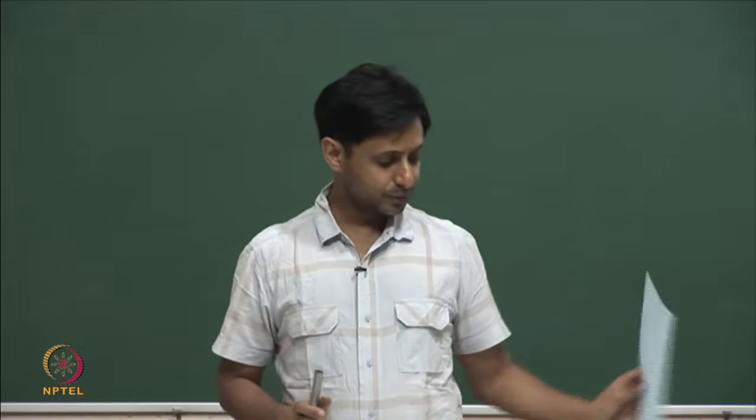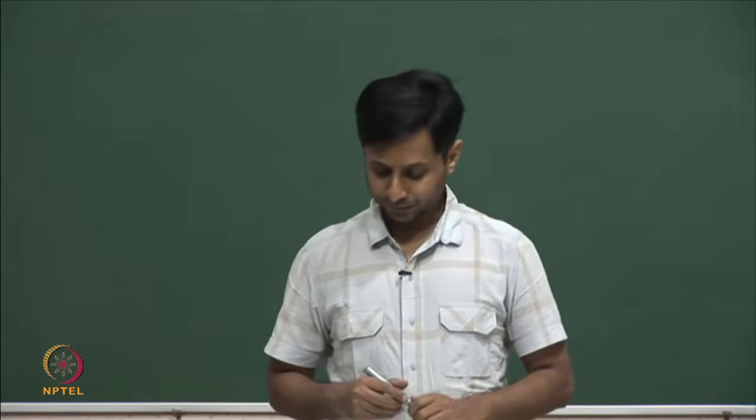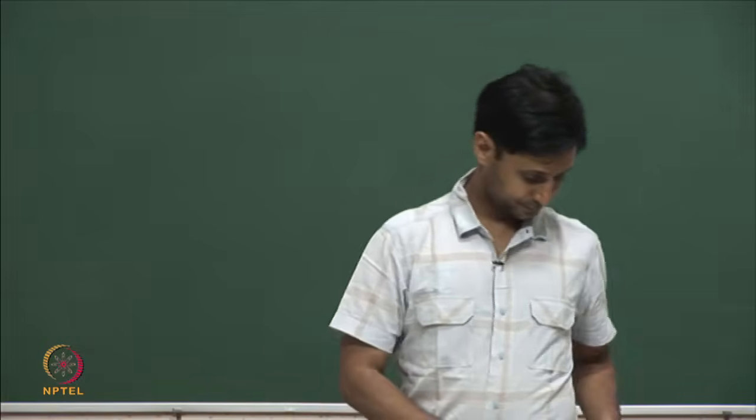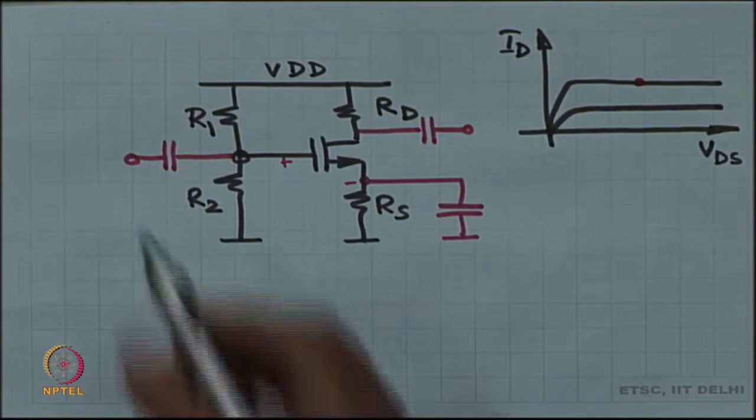So, let us use our model in our first circuit. So, our first circuit is right over here, right. This is going to be our amplifier. We discussed this is the common source amplifier.